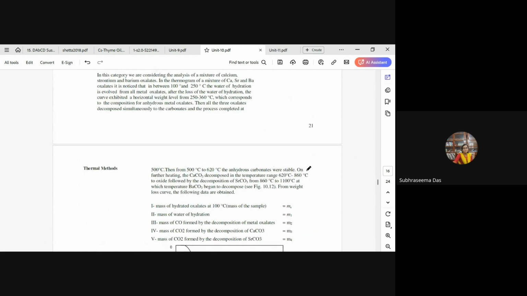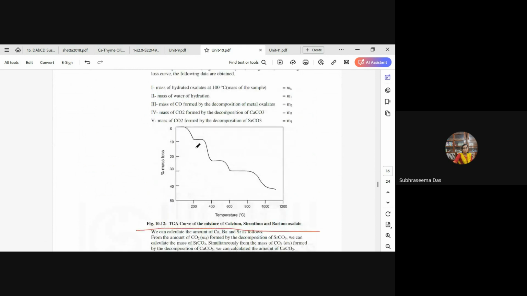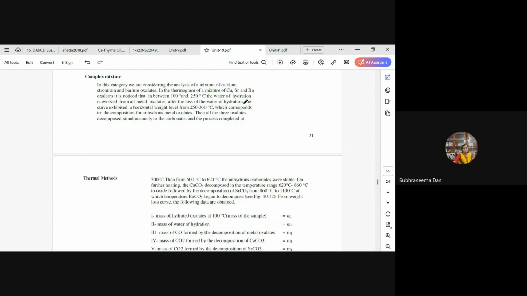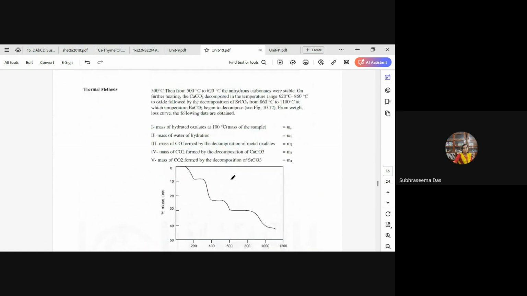Here we can see that between 100 degrees and 250 degrees the moisture is evolved from the metal oxalates. The curve is horizontal from 250 to 300 degrees centigrade, which corresponds to the composition of the metal oxalates. Here all three oxalates decompose simultaneously at 500 degrees centigrade.